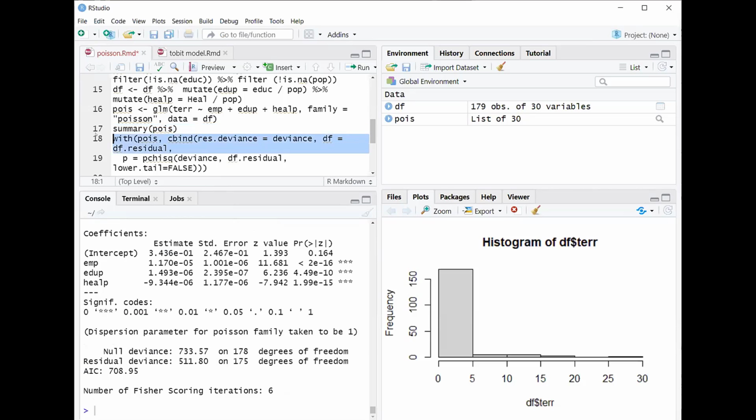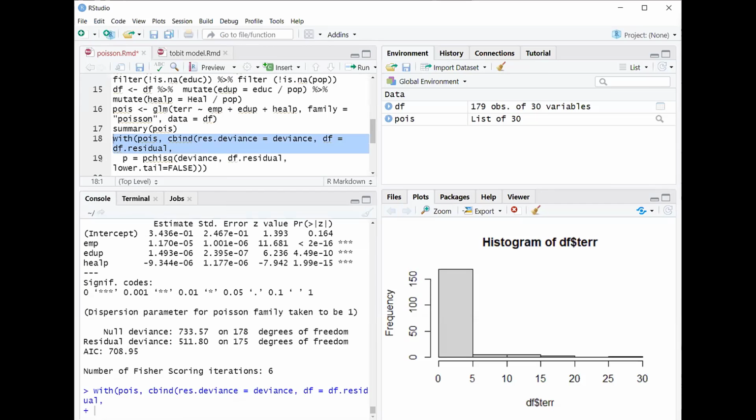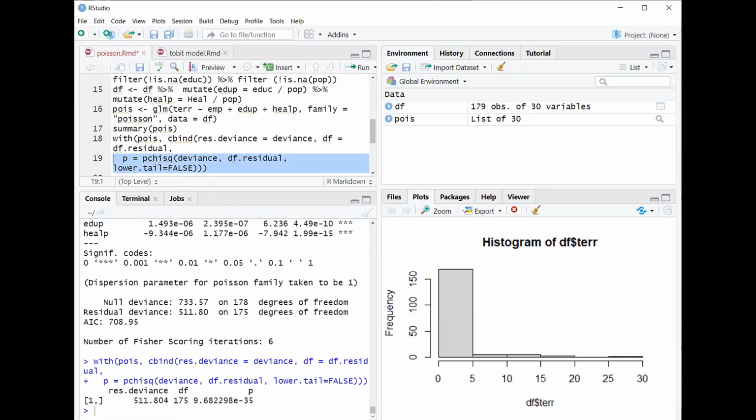Now what I'm doing is I need to estimate its Wald test or the chi-square test so that I can see whether the model is valid or not. For that, I will calculate its deviance and degrees of freedom. It will show the p-value. So deviance is 51511, degrees of freedom is 175, and the p-value is 0.35 zeros and 9.